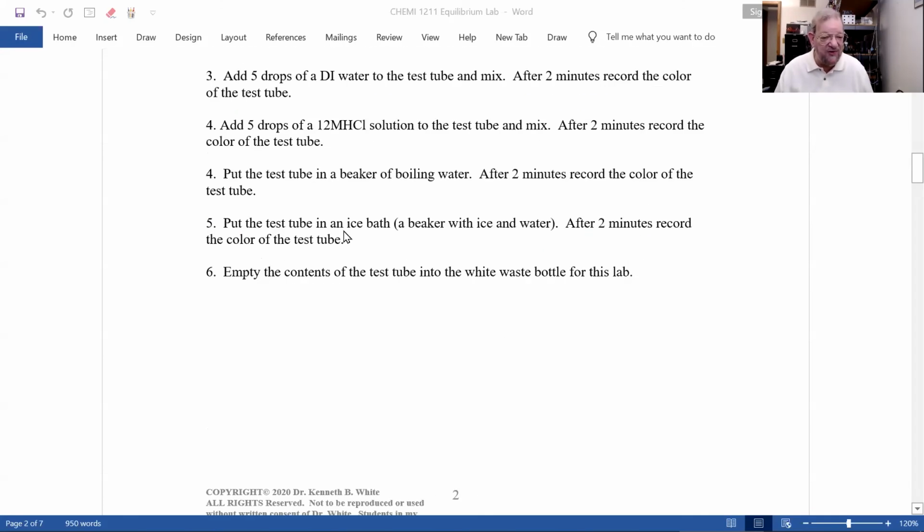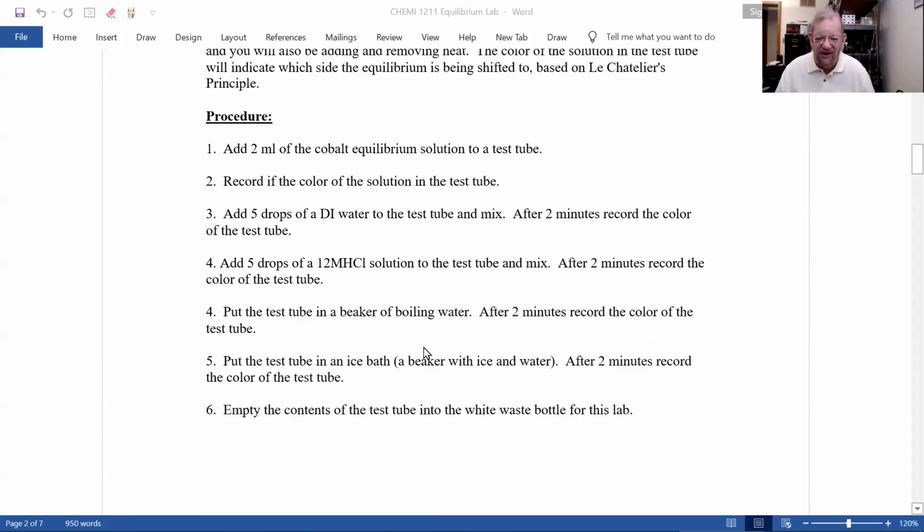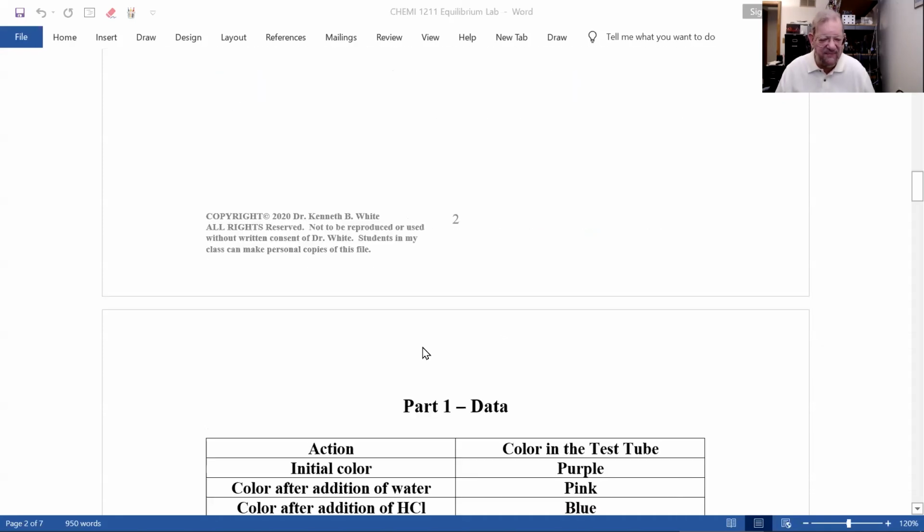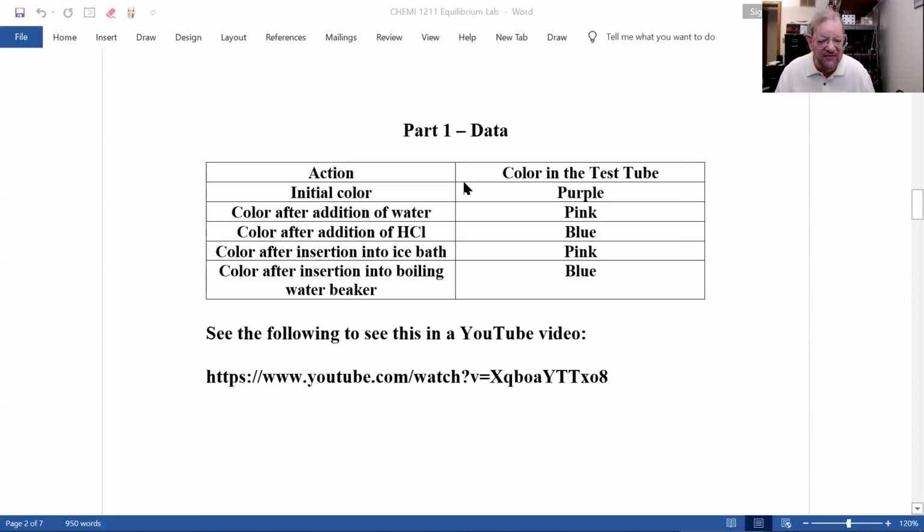Now, you also put that test tube in boiling water and look at what color it is. And then afterward, you take it out and put it in an ice bath and look at what color it is. Then you put the stuff in a proper waste bottle because you don't want to throw this down the sink. And here I have the data when you do those things.